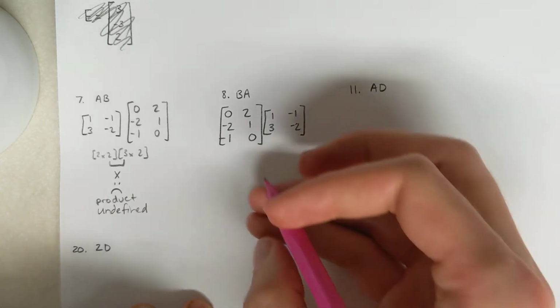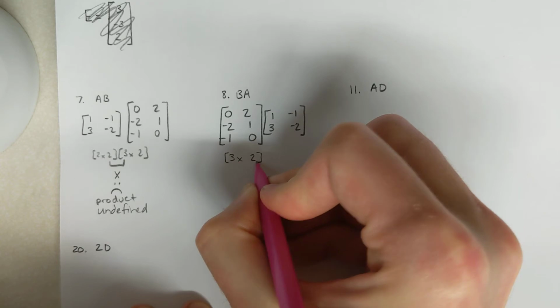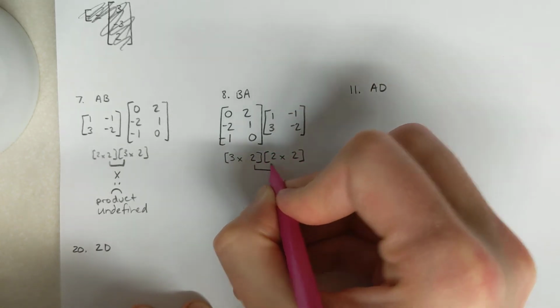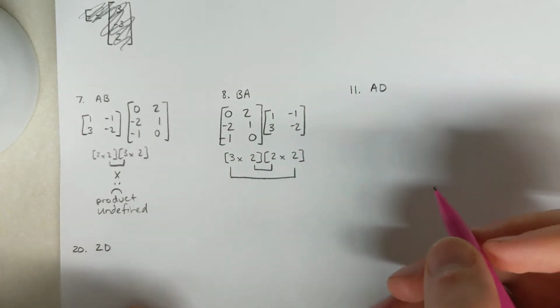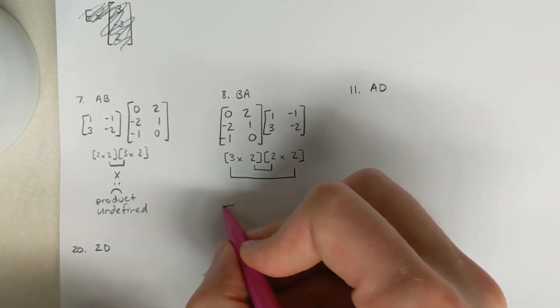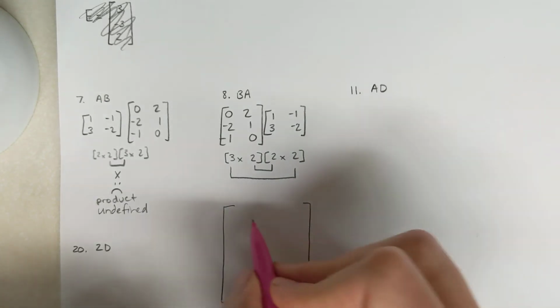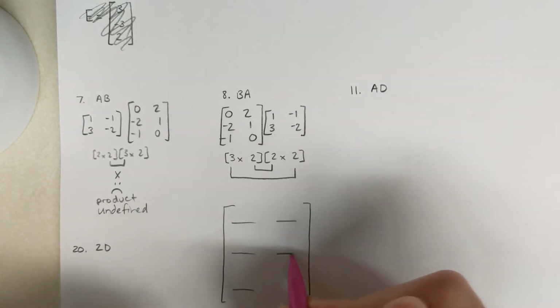So it's not like regular multiplication. So this one is a 3 by 2. We're multiplying it by a 2 by 2. Notice that the inner dimensions there match up. The answer will be a 3 by 2 matrix. So I'm going to make myself a big 3 by 2 here. So 3 rows, 2 columns.